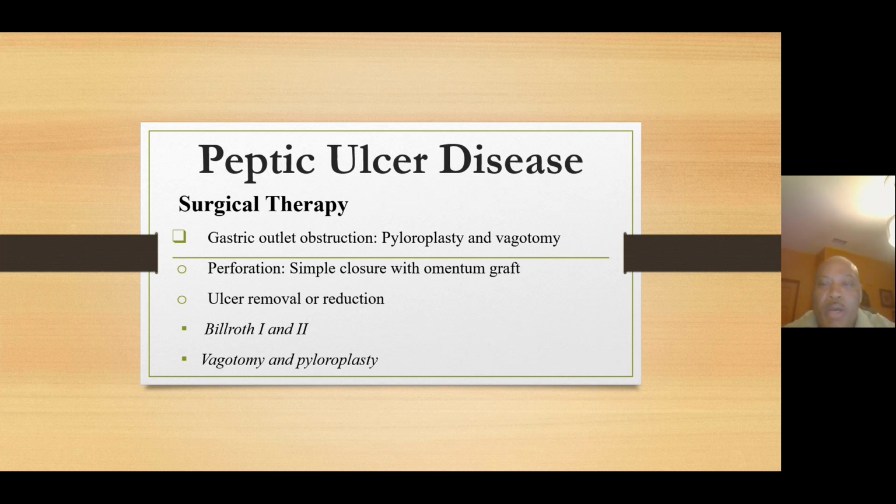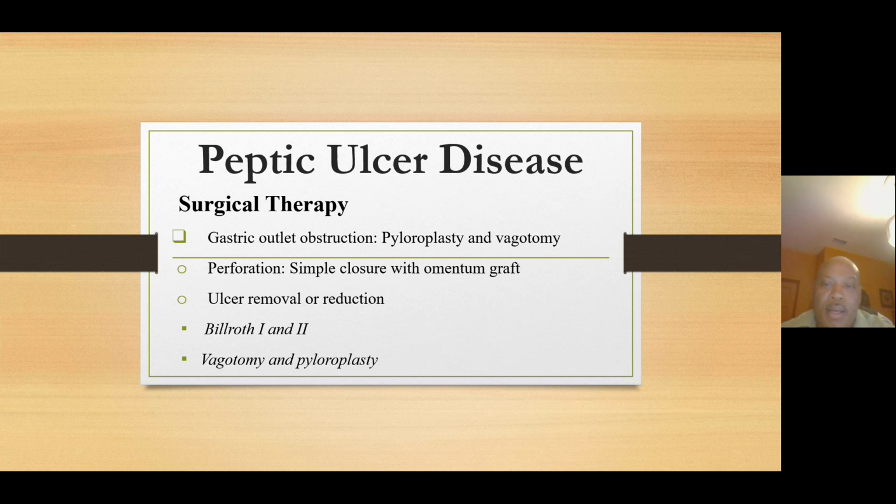And so they may need what we call a pyloroplasty or a vagotomy. All right. A vagotomy actually decreases acid secretion, stomach acid secretions as well. There may also be perforation, and so a simple closure with omentum graft may be necessitated.